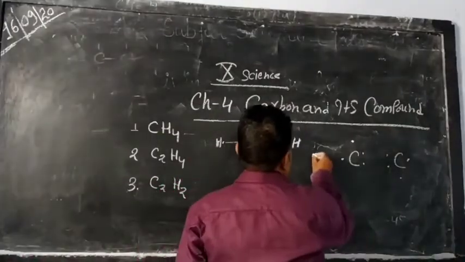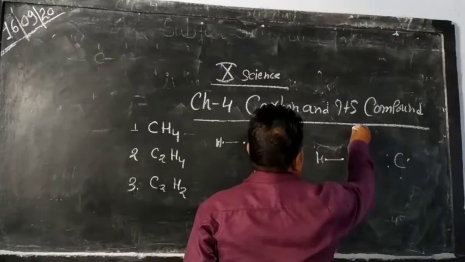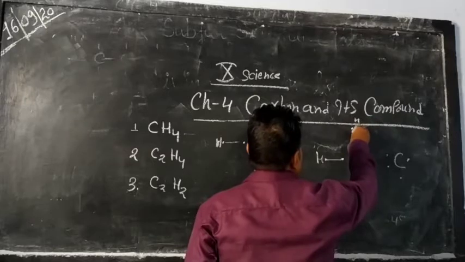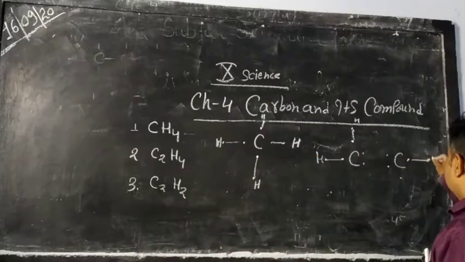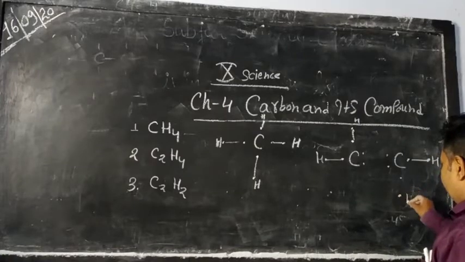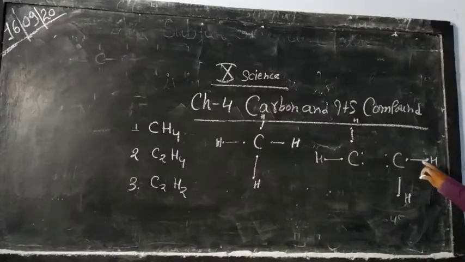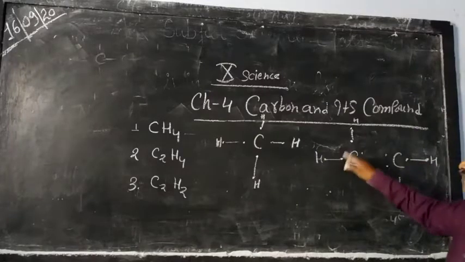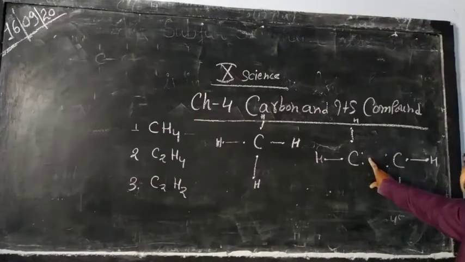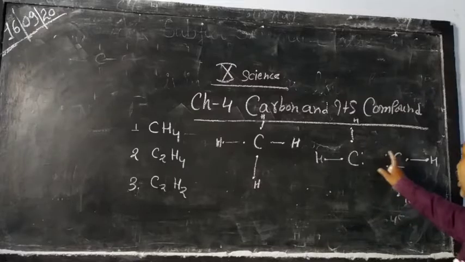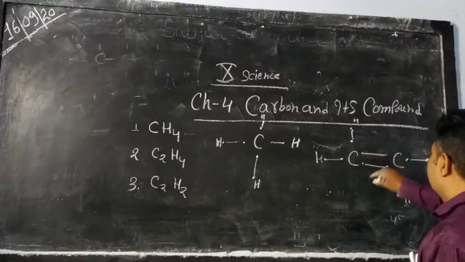In this manner, this is the first covalent bond and this is the second covalent bond. Similarly, in this carbon also, due to equal sharing with these 2 hydrogen, 2 single covalent bonds are formed. Now these 2 electrons form a double bond between the carbon atoms by the equal sharing of 2 electrons.